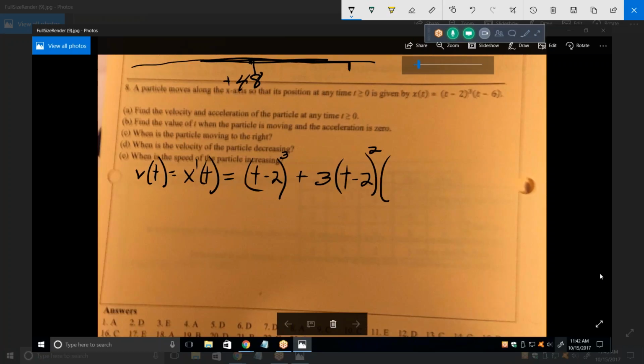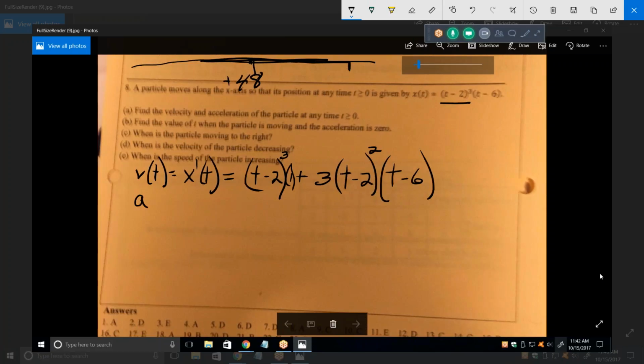Well, no. In other words, we took the derivative of that, so we've still got a (t minus 6) that needs to go there. Oh, yeah, sorry. There was a 1 here that I didn't write. So it was u times v prime plus u prime times v, times the derivative of that inside, which is 1, like I said. So anyway, there is our velocity function.